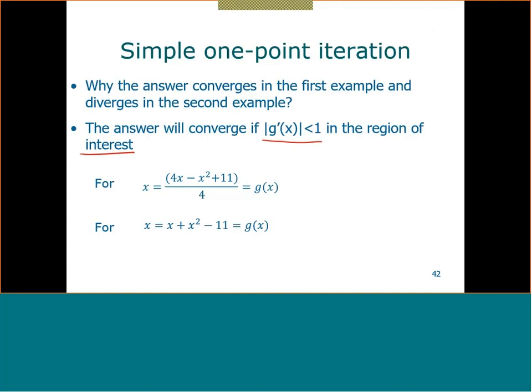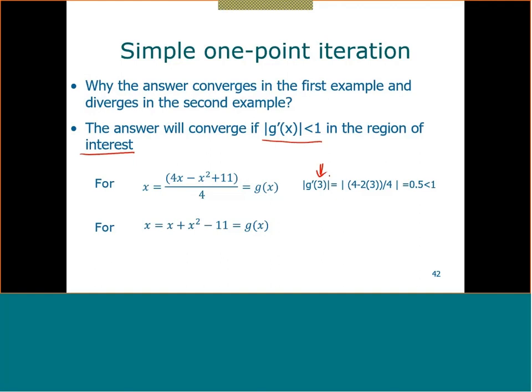If it is more than 1, then your answer will not converge. The region of interest means the initial guess. At the point where you start your guess, its absolute value has to be less than 1.